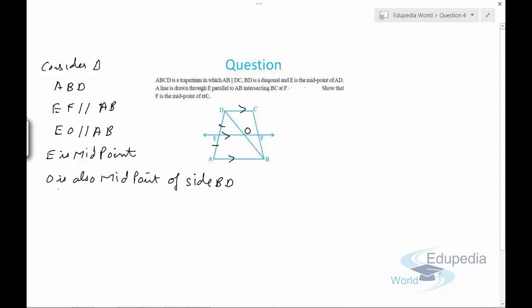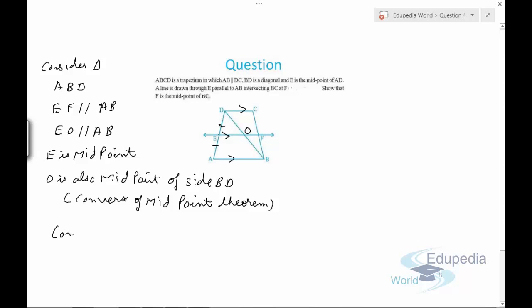Why? Because of the converse of the midpoint theorem. The converse of the midpoint theorem says that if a line is parallel to the third side and passes through the midpoint of one side, then it also passes through the midpoint of the other side. So we can say that O is also the midpoint of side BD.